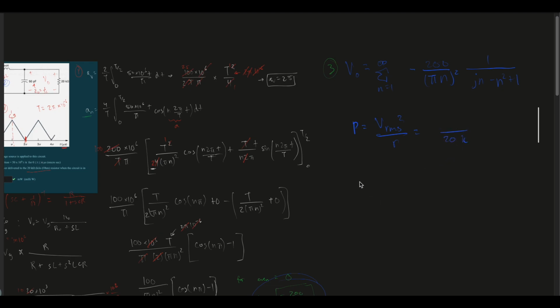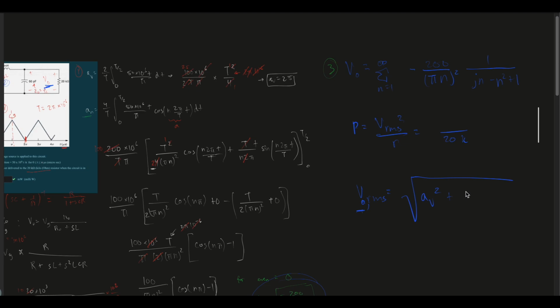Now we need to find our Vrms. Our Vrms is going to be equal to, and this is, by the way, V0 RMS. That is what we want to find. The reason we want to find V0 RMS is because we have the V0 over this resistor. That's important to note. We want to find the voltage over the resistor because that's what the power is dealing with. And this is equal to the square root of our AV squared plus our next value.